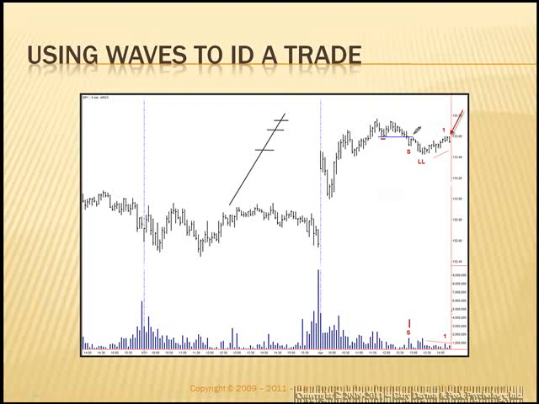It tries to come back up. Look at the low volume, trying to get back up above that. What had been support fails, now becomes resistance. There's no oomph behind this. There's no volume behind it. We come down, look at the supply coming in here, and we make a lower low.